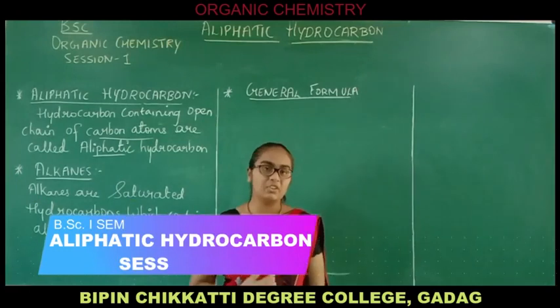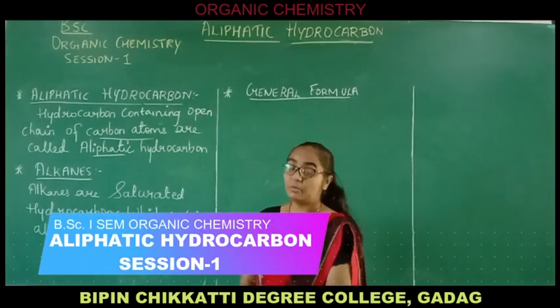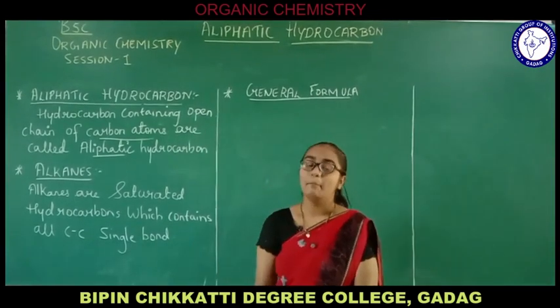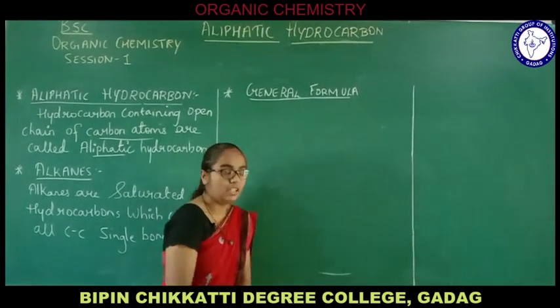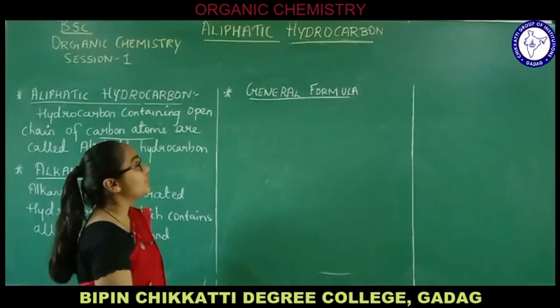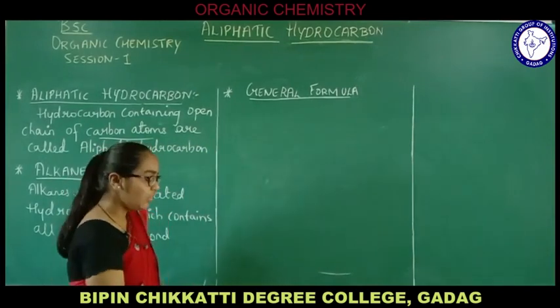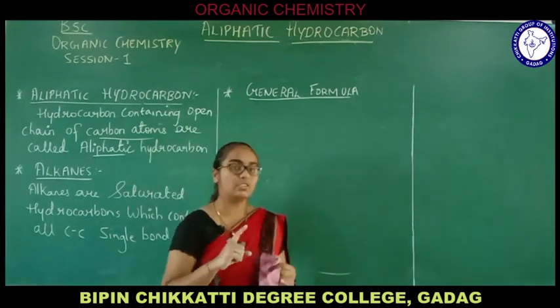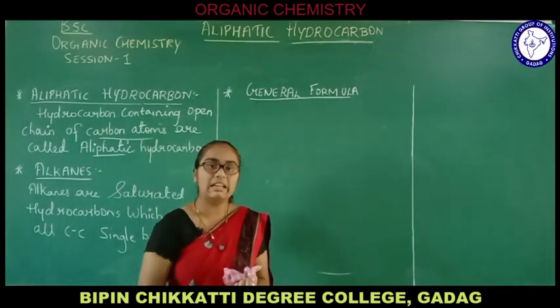Organic chemistry I'm going to deal with you all. So I'm going to teach organic chemistry, and this is session number 1 belonging to the chapter named Aliphatic Hydrocarbon. Now what do you understand by this name, aliphatic hydrocarbon? You should understand that headline first.